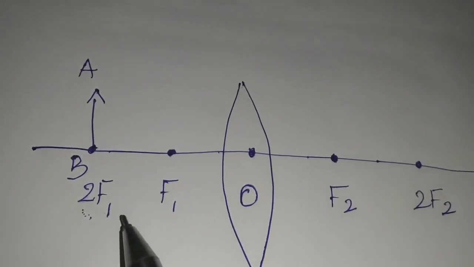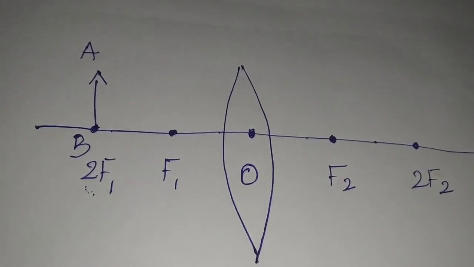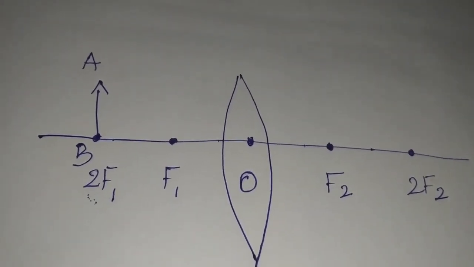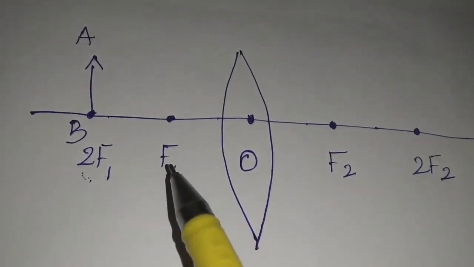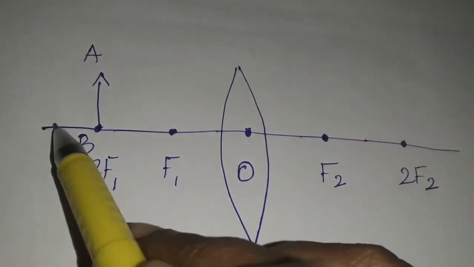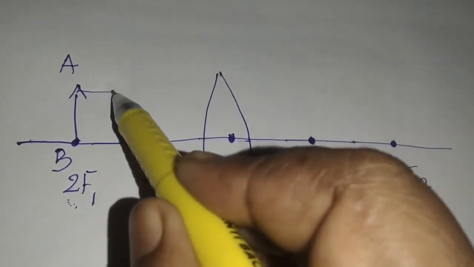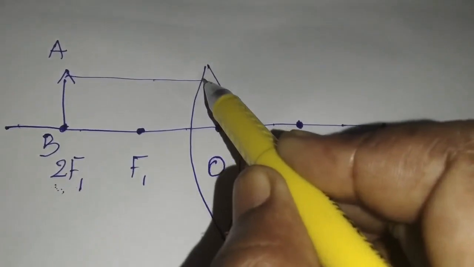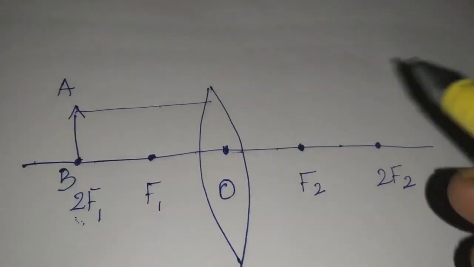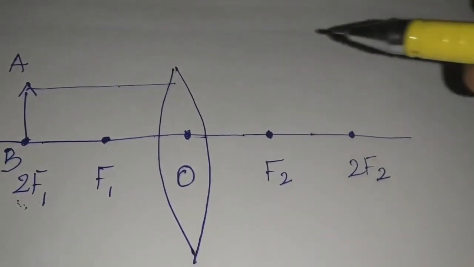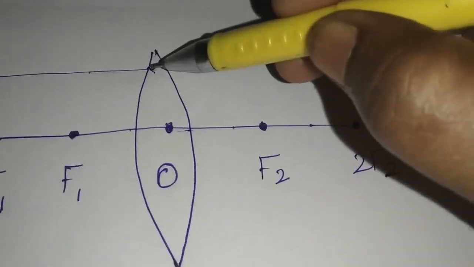So once again we need to use 2 rules out of the 3. So what is the first rule? The ray of light parallel to the principal axis. So this is the principal axis line. The ray parallel to the principal axis, after refraction, passes through the focus on the other side of the lens.